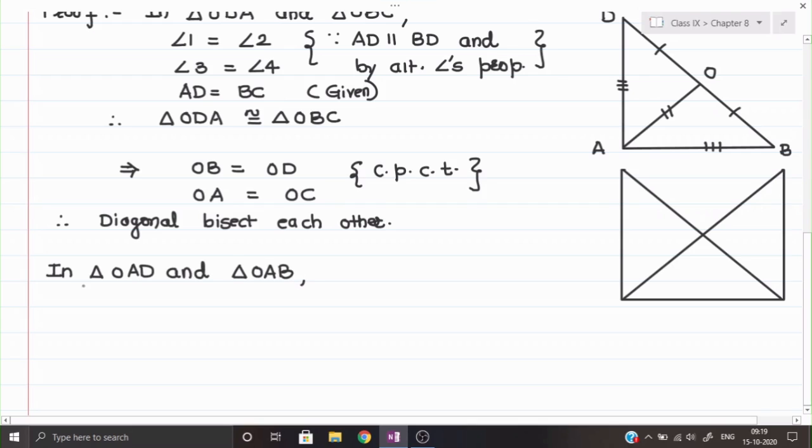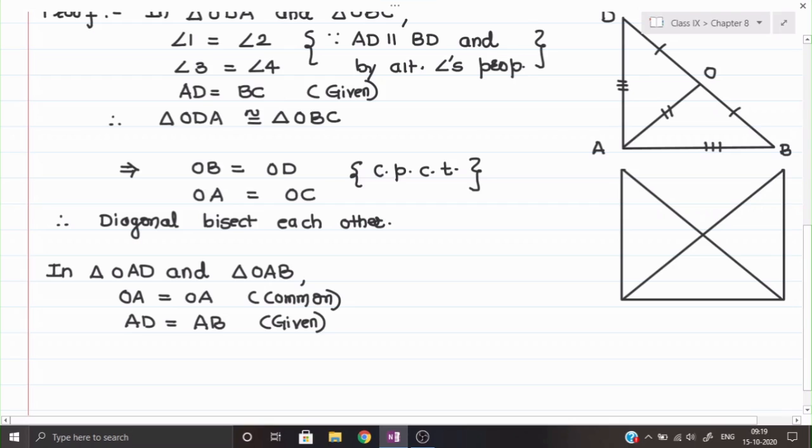Okay, first of all, we shall mention OA is equal to OA, that is common. That is one thing. Second thing, AD is equal to AB, that is given in the question. All sides are equal.